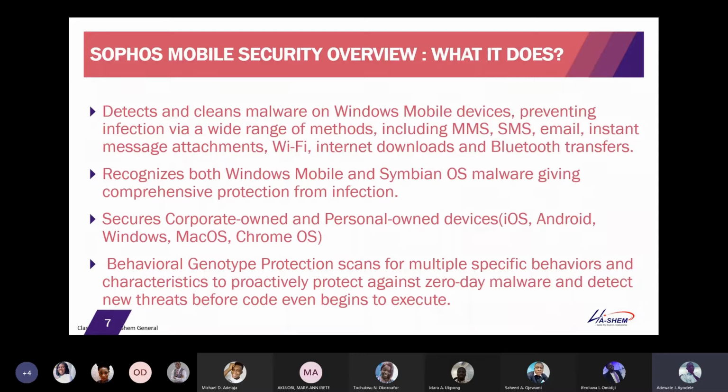Once it sees them, it protects you from zero-day malware and also detects new threats. So for new threats or new risks that are coming, this protection, the behavioral genotype, will be able to see it right before it arrives and even stop it from being executed on your device.